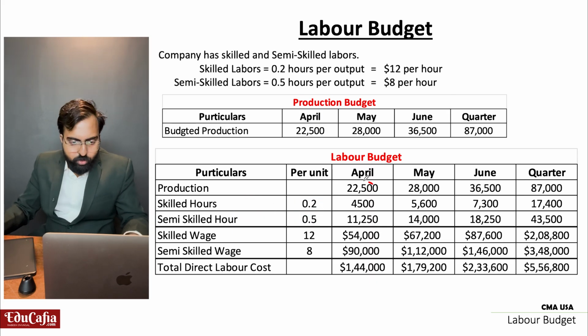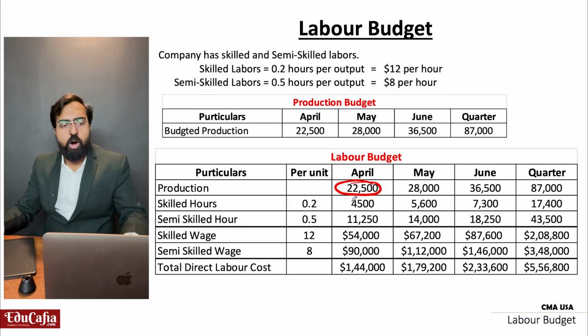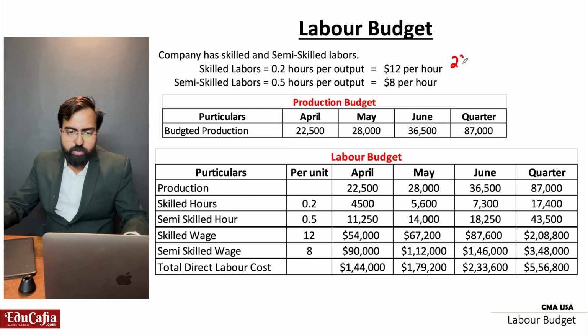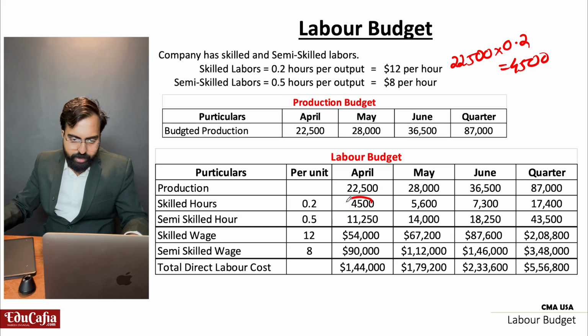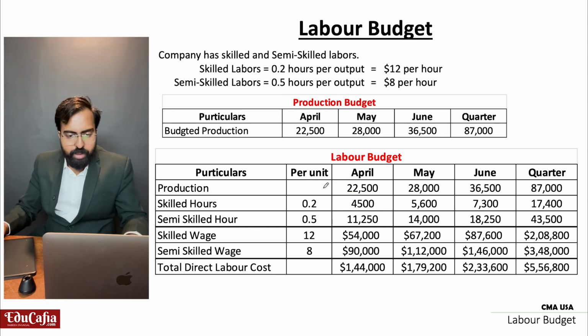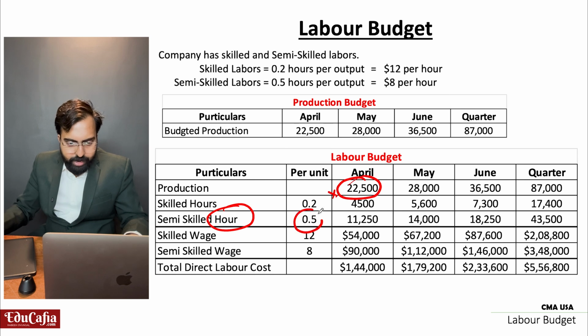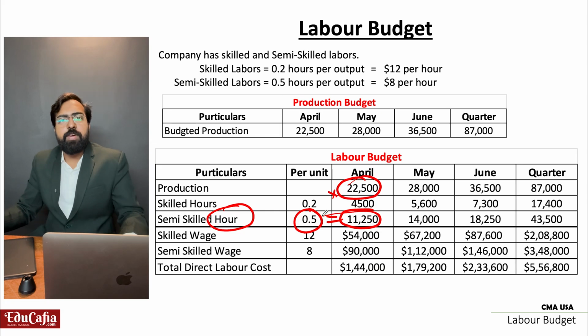So for this 22,500, how many hours will the skilled labor take? 22,500 into 0.2 hours, that is equal to 4,500. For semi-skilled laborers, 22,500 into 0.5 is equal to 11,250. See, very easy, right?